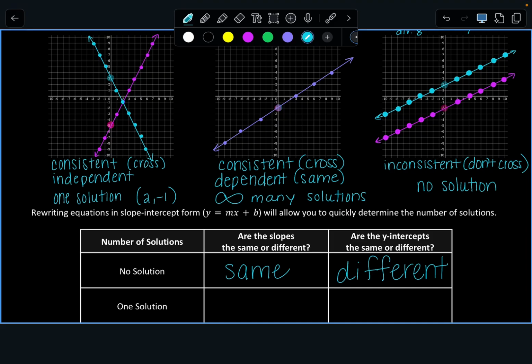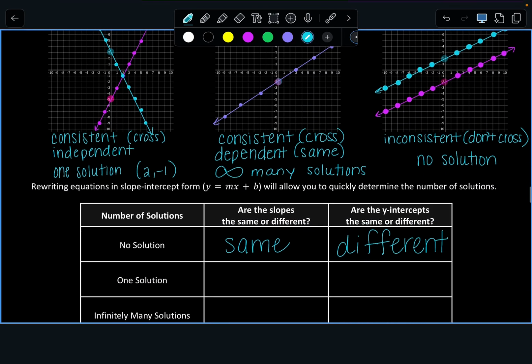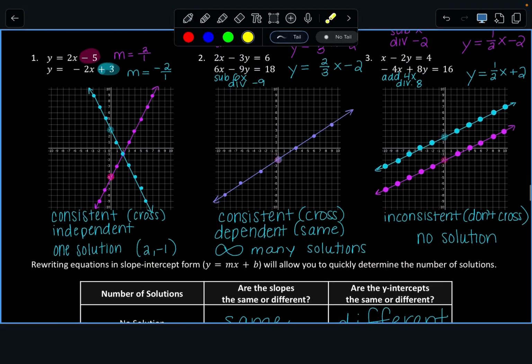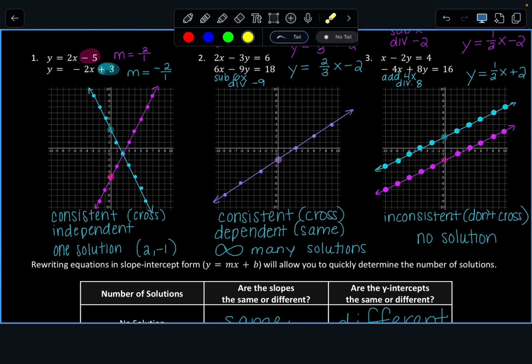If there was one solution, what do you notice about the slope and the y-intercept? For no solution, or excuse me, one solution. That's this one over here. What do you notice? Yeah, they're just different.